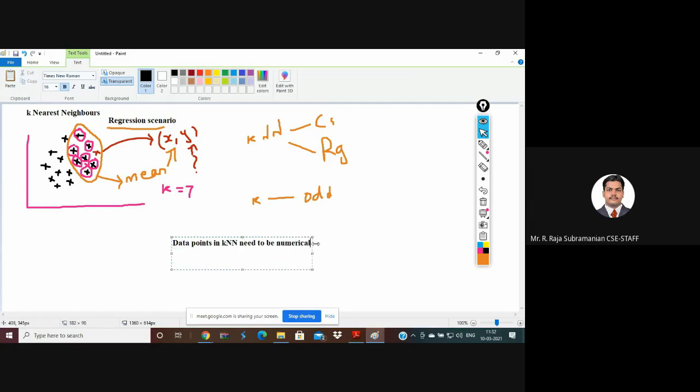And if it is numerical, there is again a struggle that will come. If the data points are numerical, they need to be scaled well.